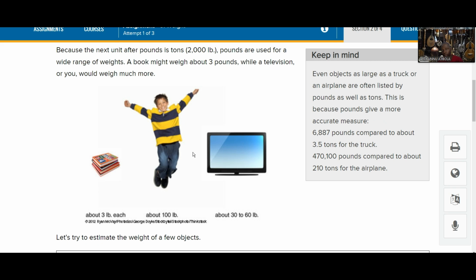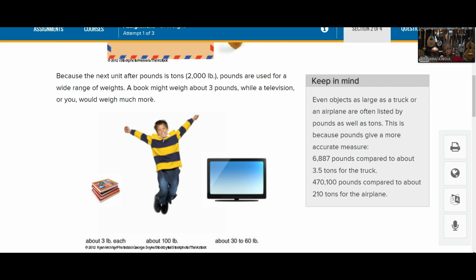So, about what weight is the weight of a book? Check it again. About what weight is the weight of a book? What is the weight of a book according to this?